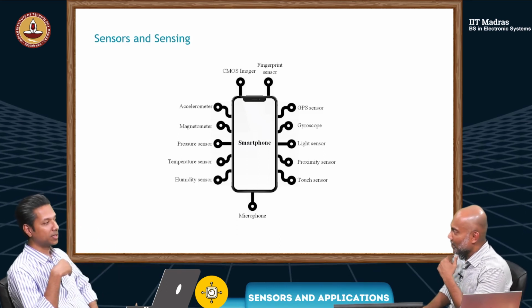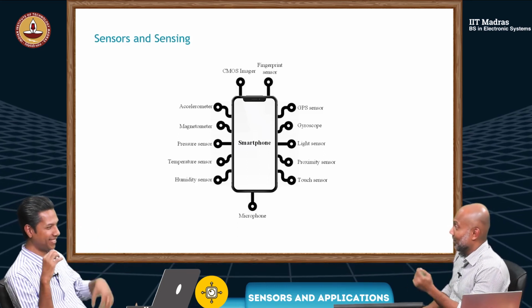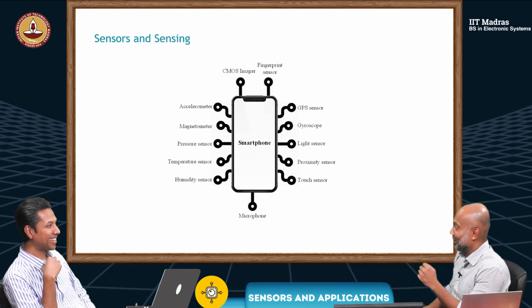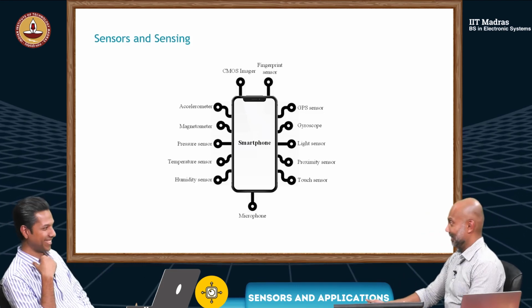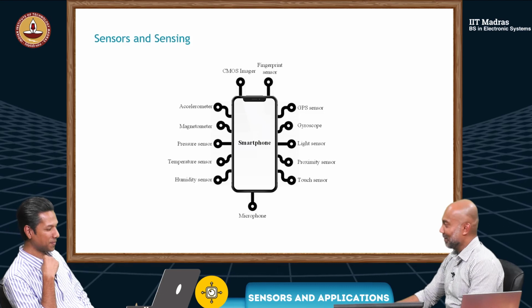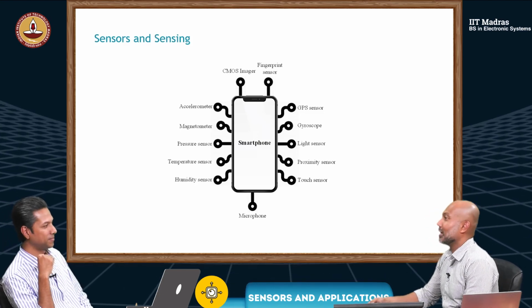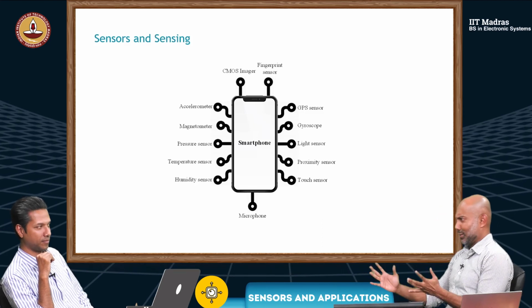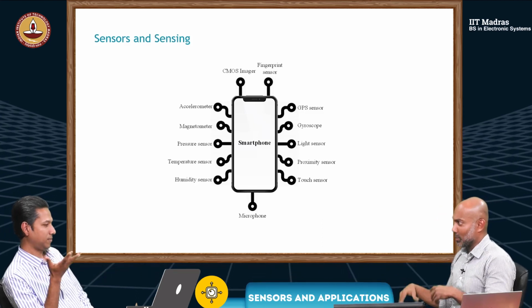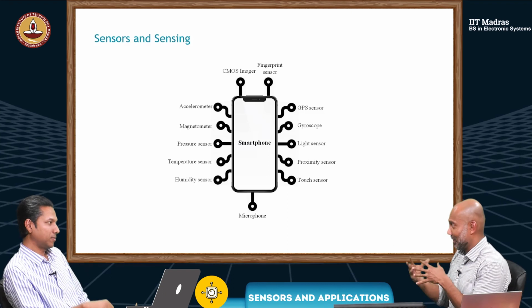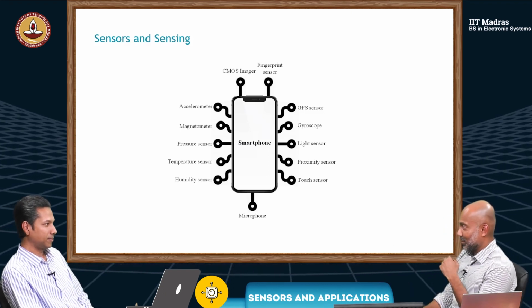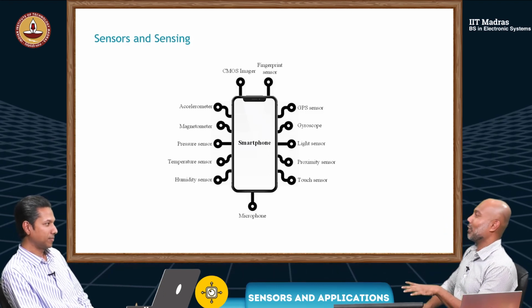So that's why this phone is smart. These sensors make it intelligent. Again, good point. If you don't have these sensors, then there's no intelligence there. So is it fair to say intelligence comes from sensors, because information comes from the sensors? Now we are beginning.